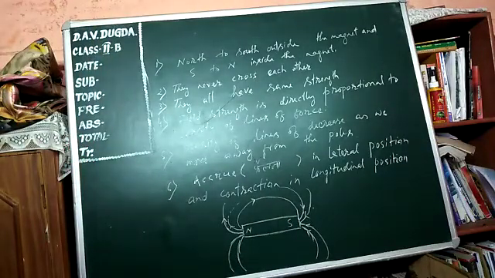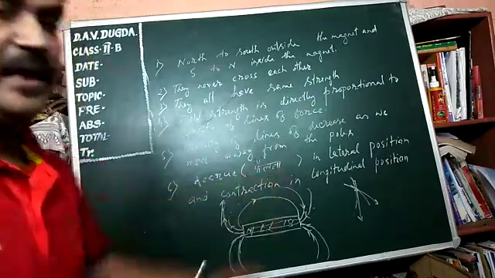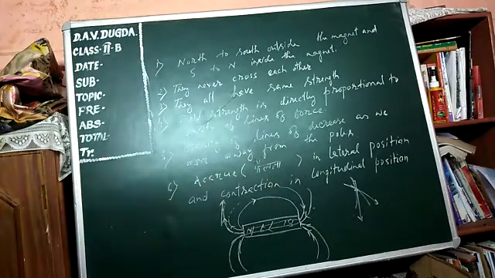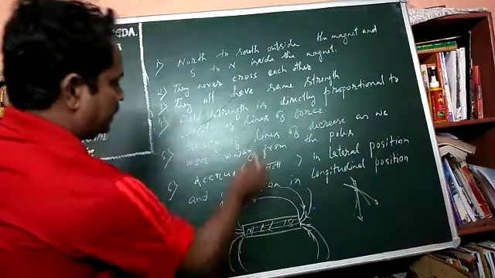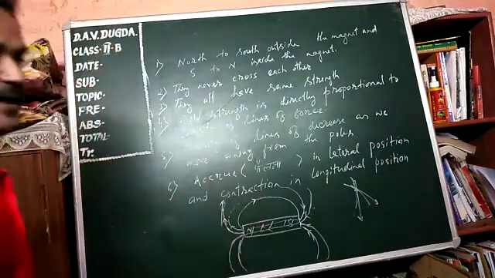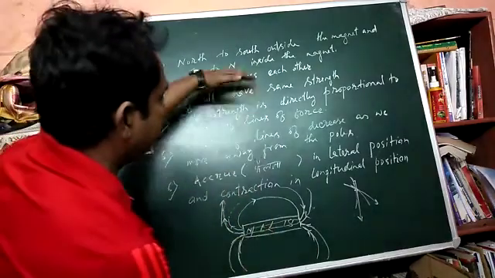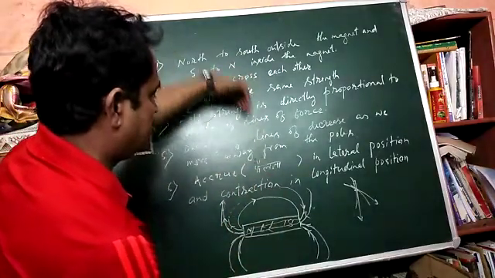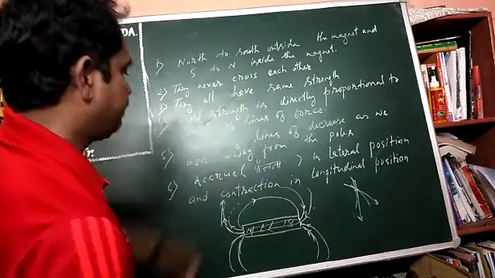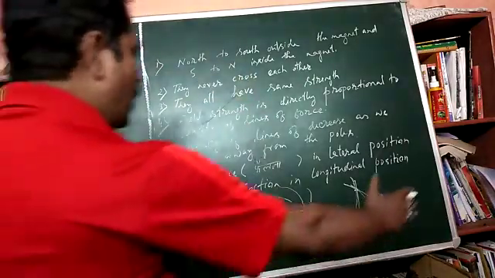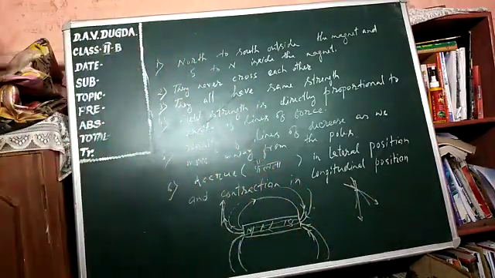These lines of force expand in the lateral position. Expand, in Hindi, means phailna. This is your lateral position; the perpendicular bisector line is your lateral position. So in the lateral position they expand, and in the longitudinal position they contract.